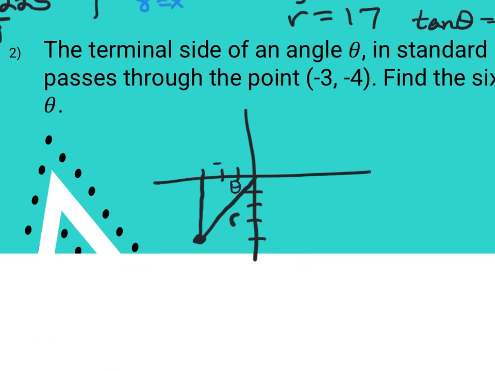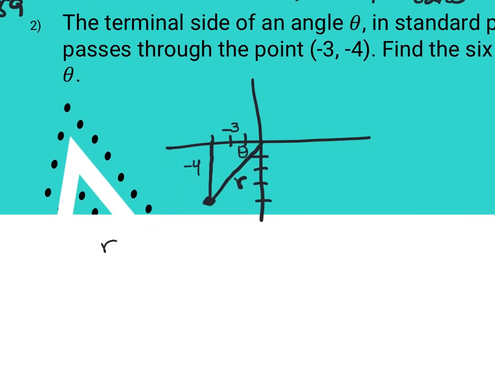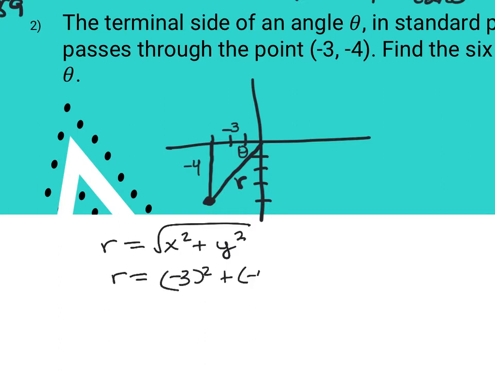You're going to see that this is your x side, it's -3. This is -4. And now I need to find R. Again, I'm going to do Pythagorean Theorem. Now those of you who recognize this as a triple, you're going to see it's the 3, 4, 5 triangle, which is a common one. -3 squared plus -4 squared. 9 plus 16.